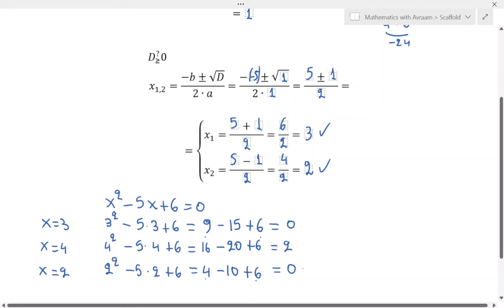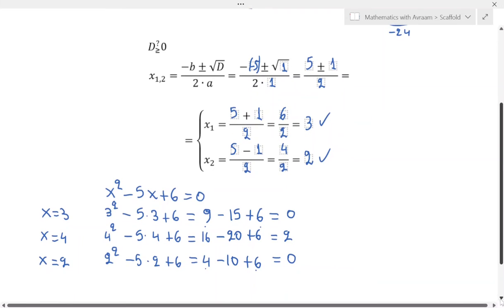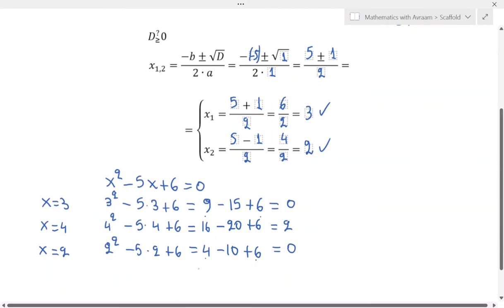Okay. Any other number that you can think of will never get to 0, because from all the numbers you can think of, smaller, bigger, negative, positive, only these two, 3 and 2, are the solutions of this equation. And we found that very simply with this procedure of the discriminant.